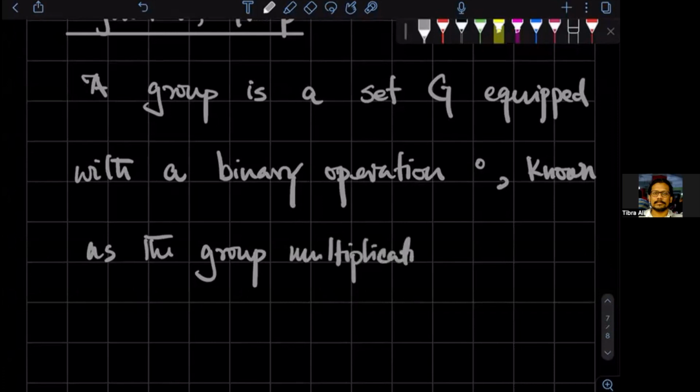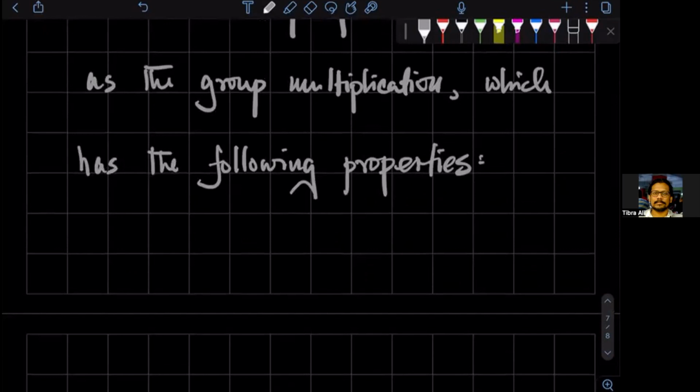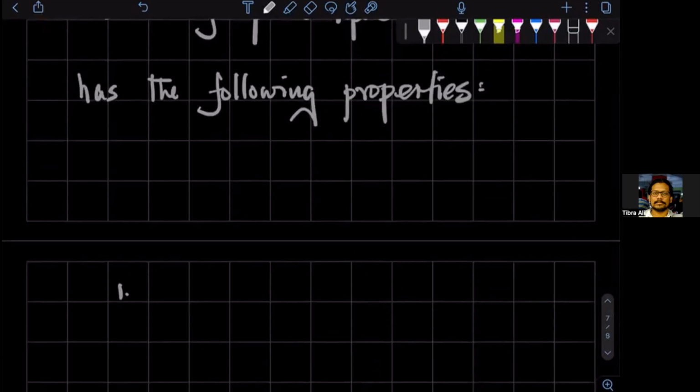And this is not your everyday multiplication. It just shares that name. It may or may not be. So, okay. Group multiplication, and which has the following properties. Number one is that it's a closed set under this multiplication.